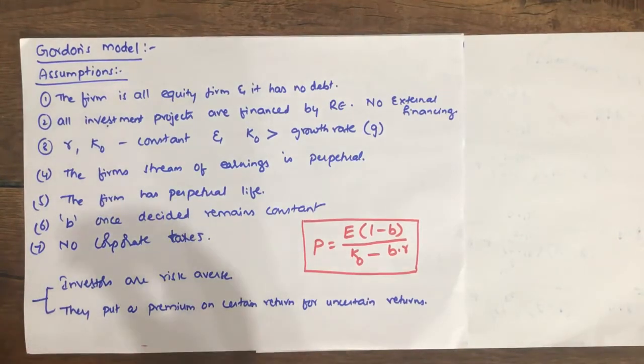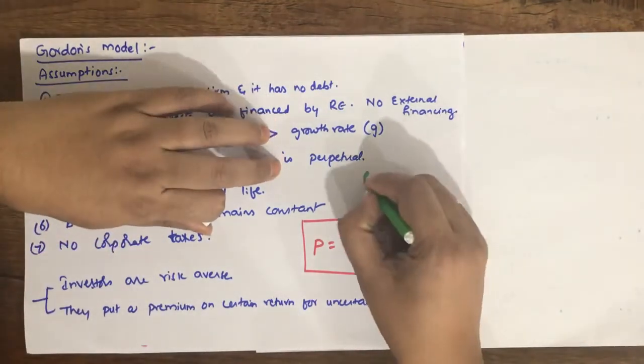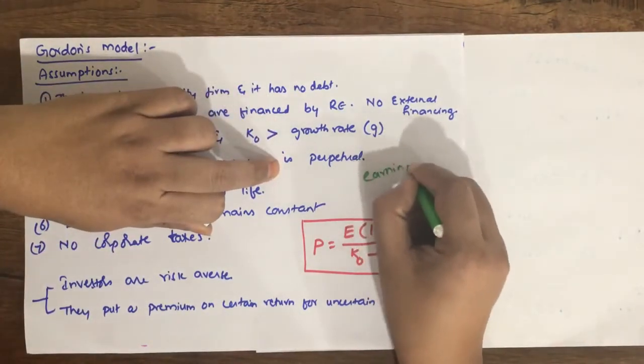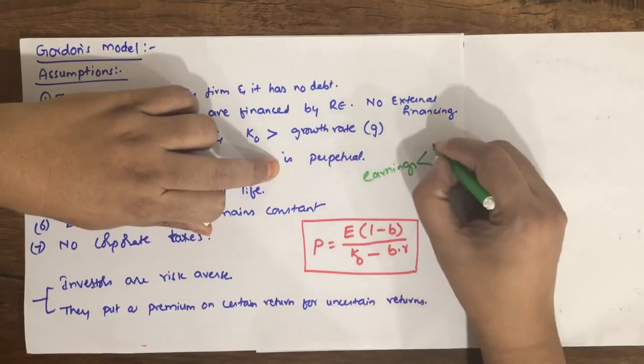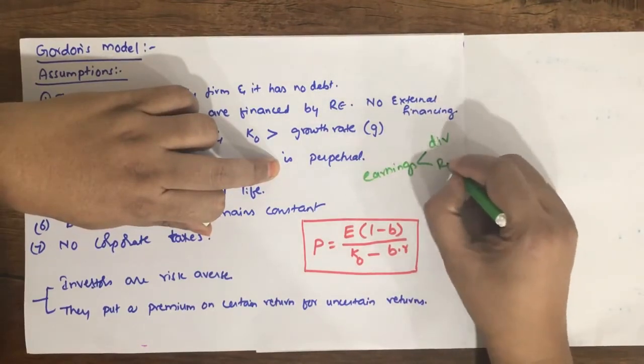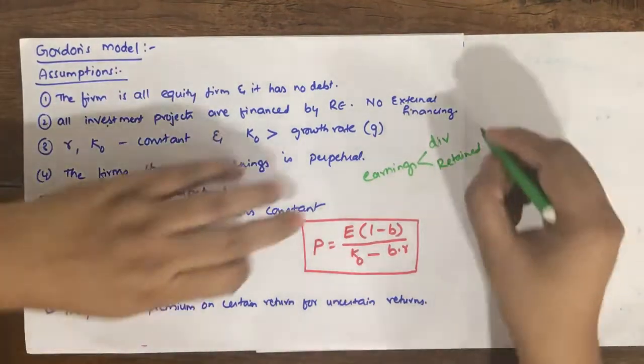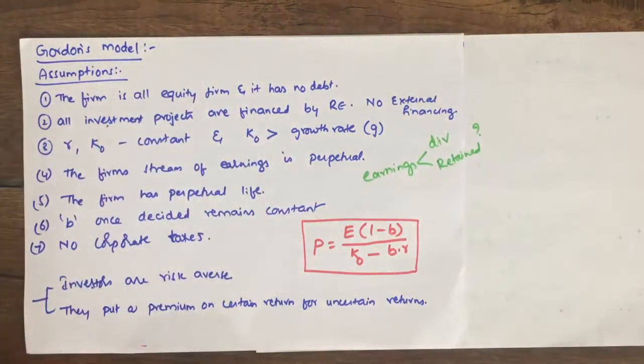The basic assumption of this model, these dividend decisions, is whether earnings are to be paid as dividend or to be retained. This is the question before any financial manager of a firm.